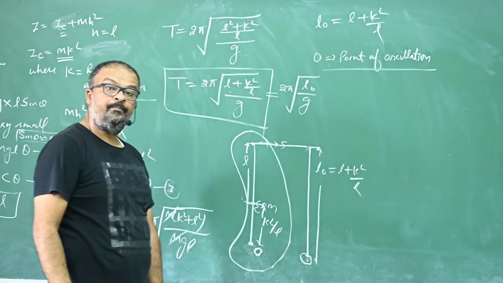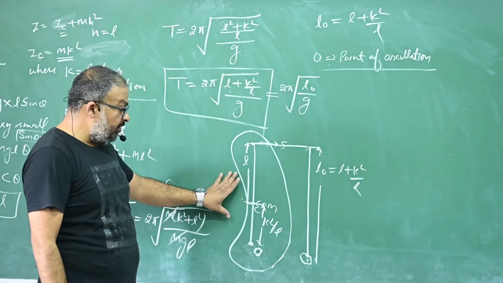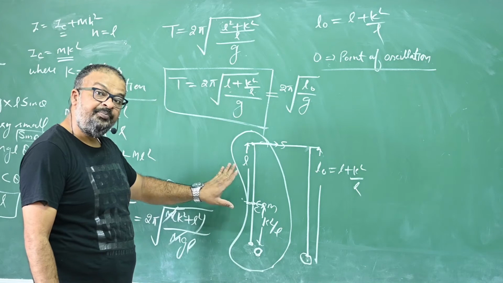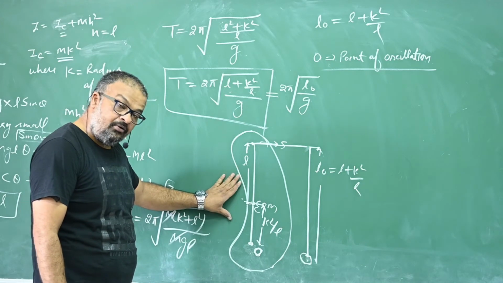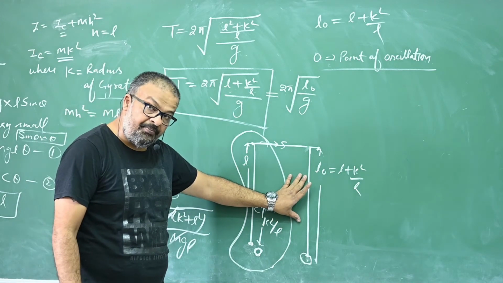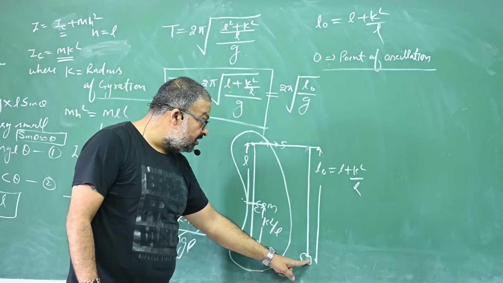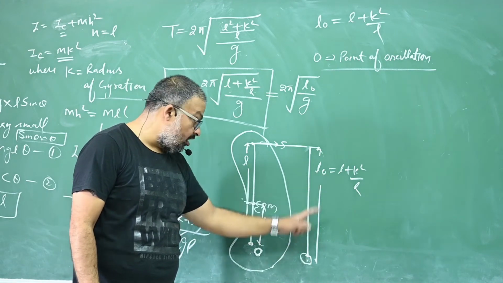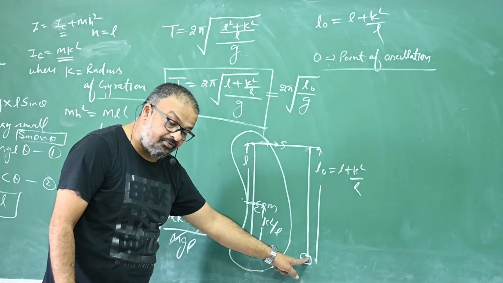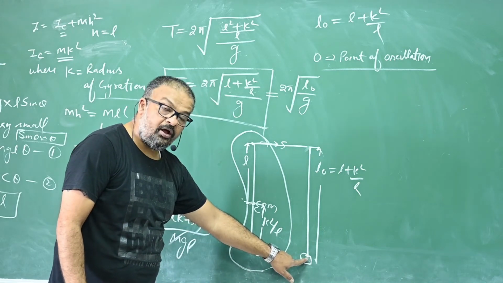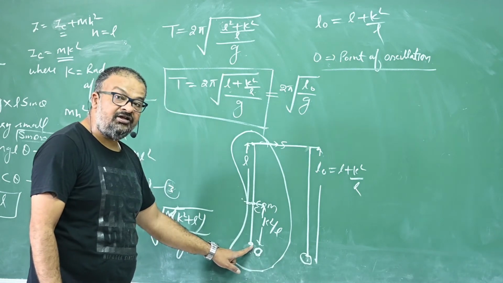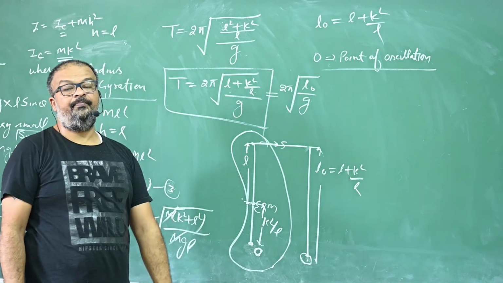Is that okay? So the time period of this compound pendulum, the time period of this rigid body, will be equal to the time period of this simple pendulum, whose length is L plus K square by L, which is equal to L naught. So the point where the bob of the simple pendulum oscillates is considered the point of oscillation in this rigid body.